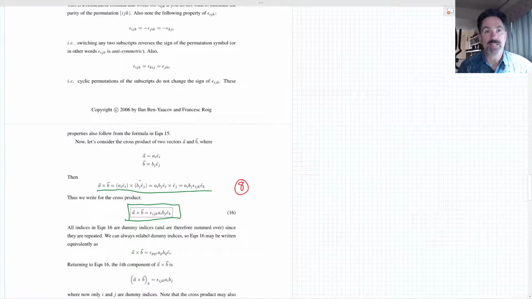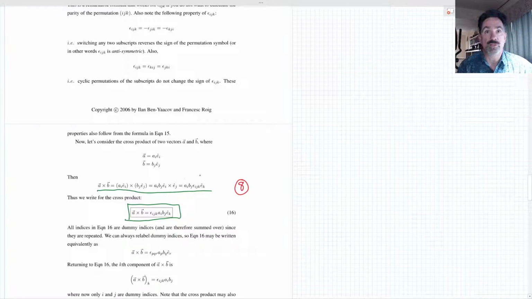The reason that this is relevant is that the a_i and b_j are constants. Those come out in front, and what I'm left with is really the application of the cross product just to the basis vectors. That gives me this e_i crossed with e_j.